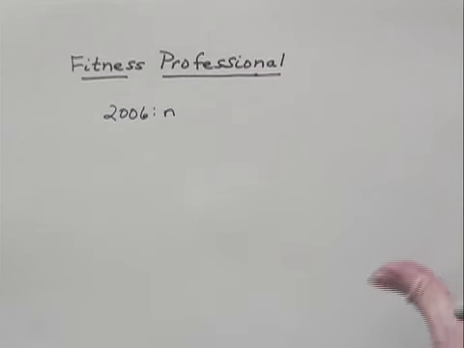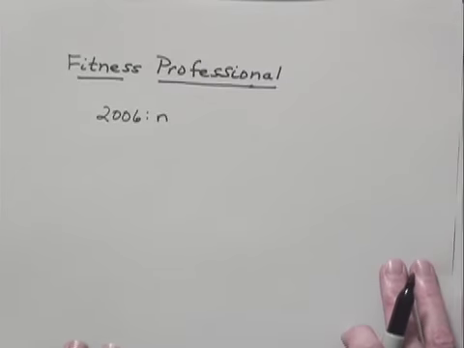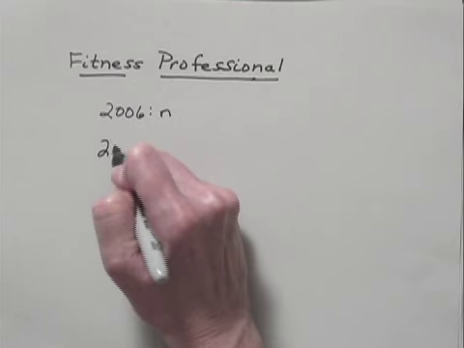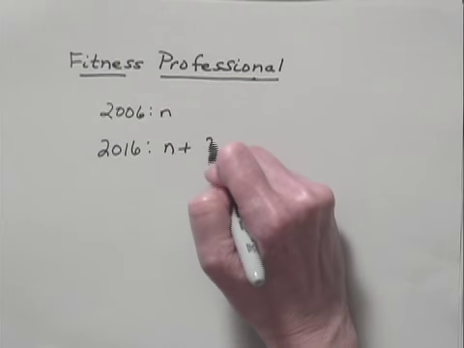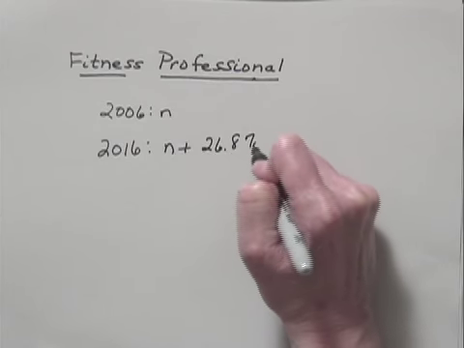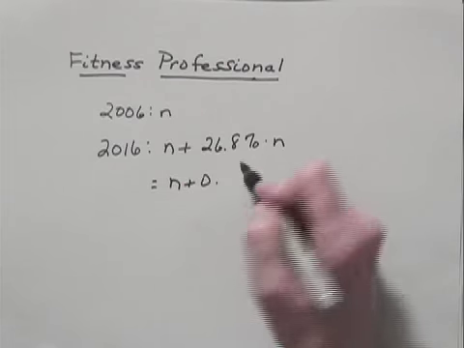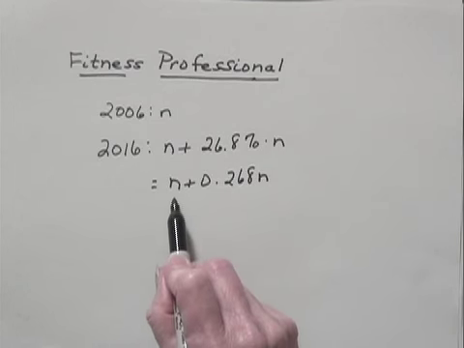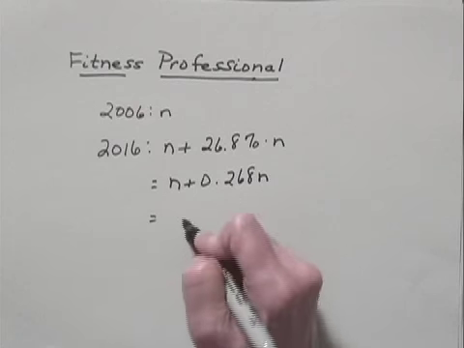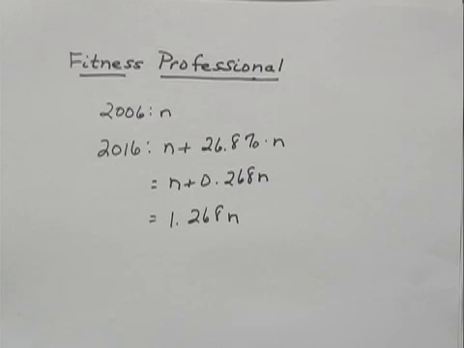Now, if the number of jobs increases by 26.8%, then the number of jobs in 2016 will be N plus 26.8% times N, or N plus, writing decimal notation, 0.268 N. This is 1N plus 0.268 N, so I have 1.268 N for the number of jobs in 2016.